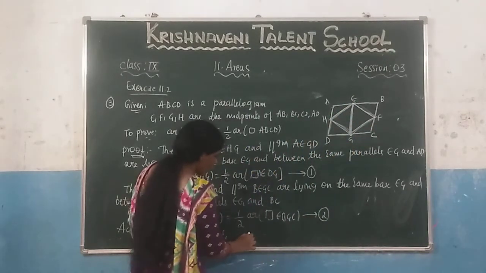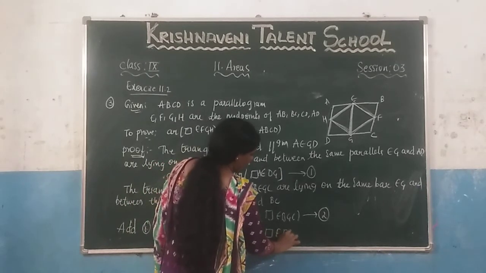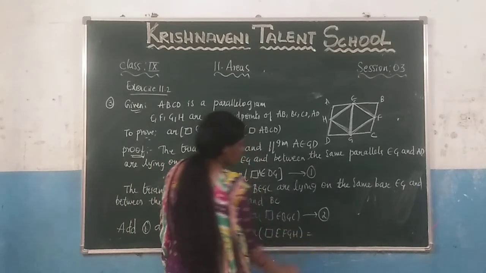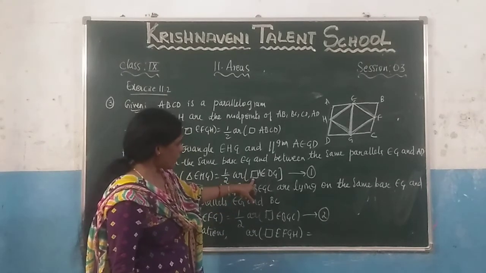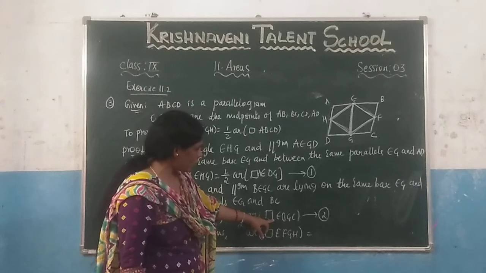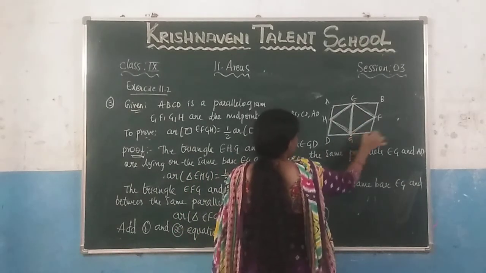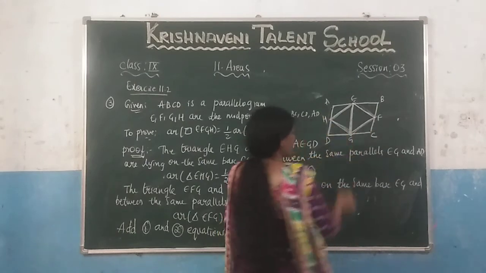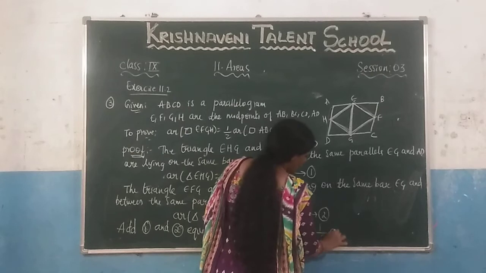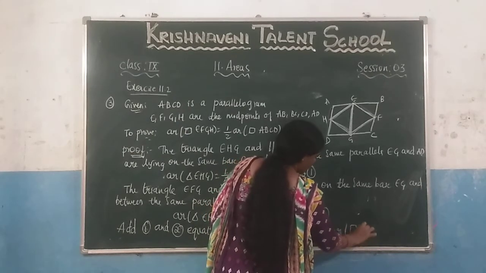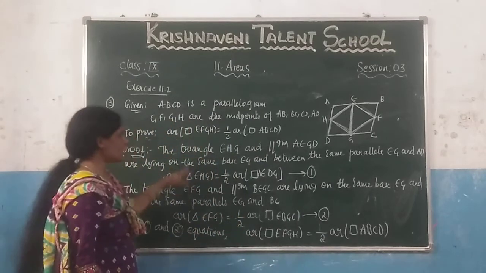So after adding, you get the area of the parallelogram EFGH is equal to half of the sum of the area of the parallelogram AEDG and the area of the parallelogram EBCG. If you add this area and this area, you get the total area, which is nothing but ABCD. So you get half times the area of the parallelogram ABCD. Right? So this is what we need to prove.